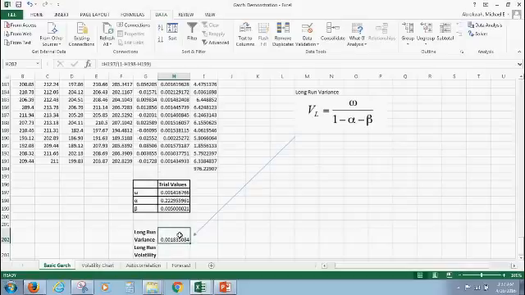Okay, and so this actually gives you, this is just a representation of this equation here, and this gives you the long run variance.